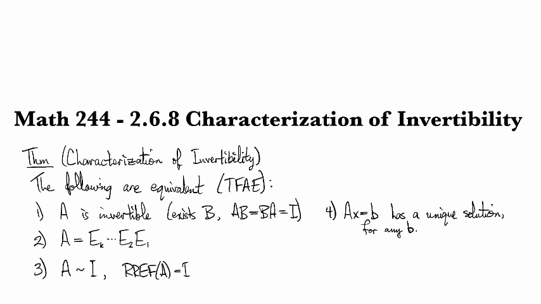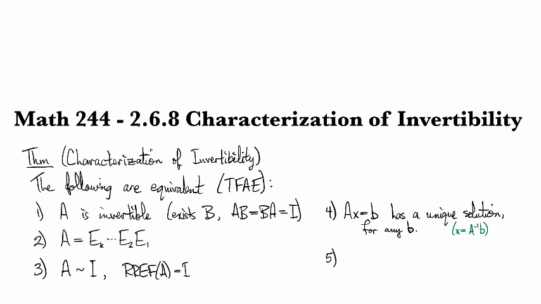If A is invertible, then this is true, because we know that the solution is just obtained by multiplying B by A inverse. But it also goes the other way: if this system always has a unique solution, it can be shown that A has to be an invertible matrix.